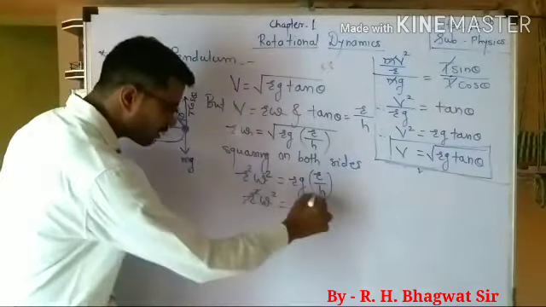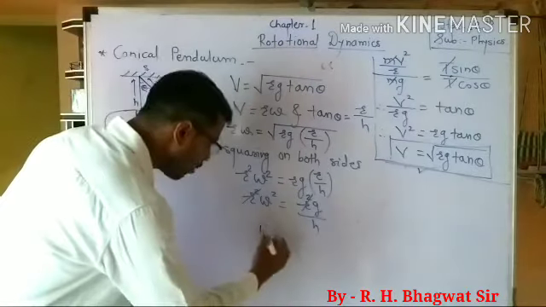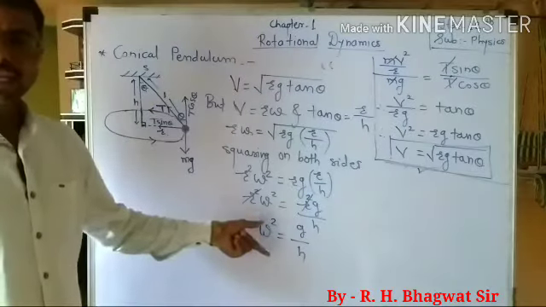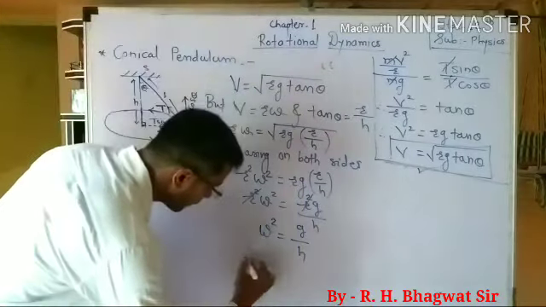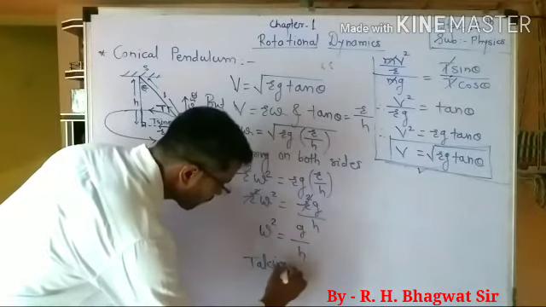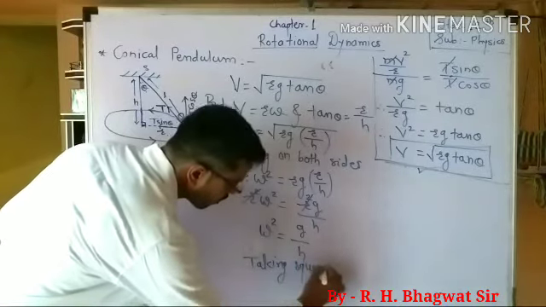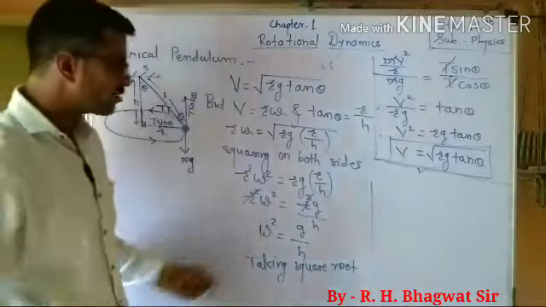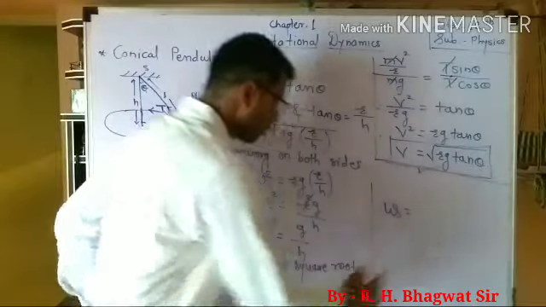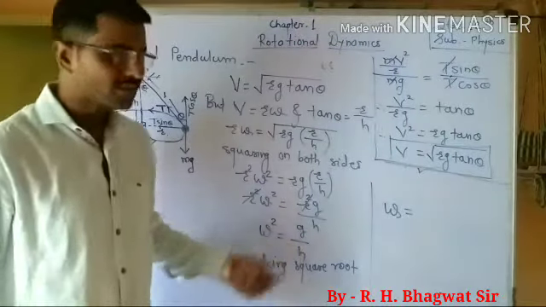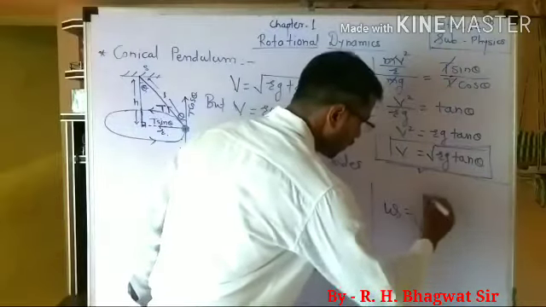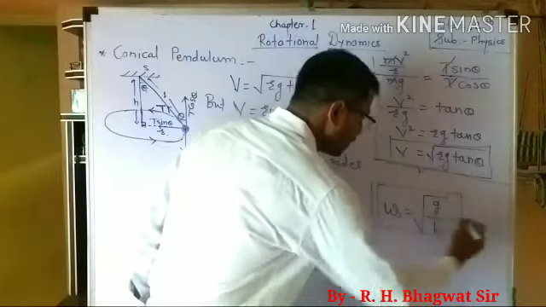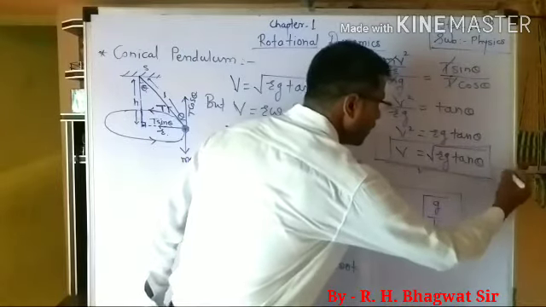This r square cancels with this r square, therefore omega square is equal to g divided by h. Taking square root on both sides, we get omega is equal to under root g divided by h.